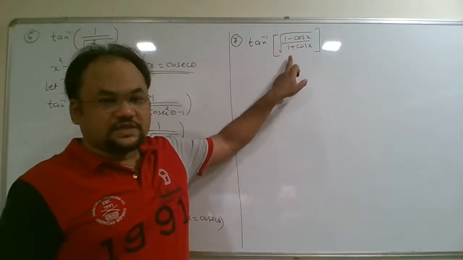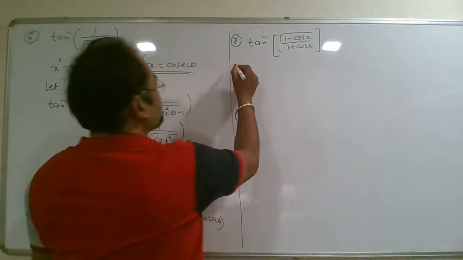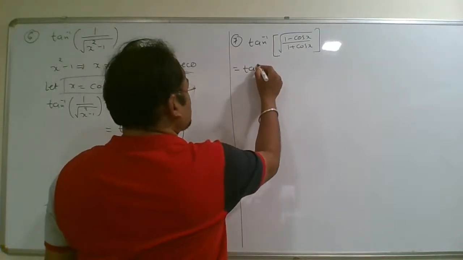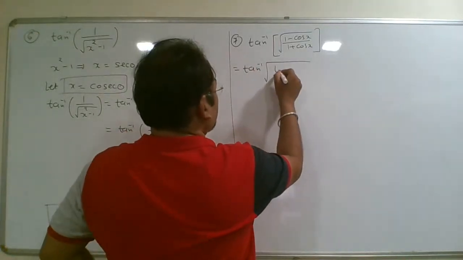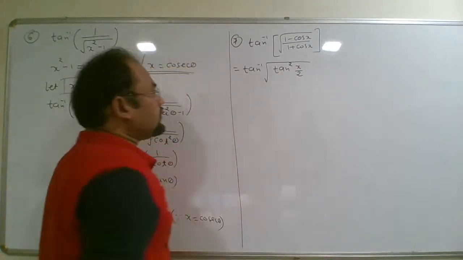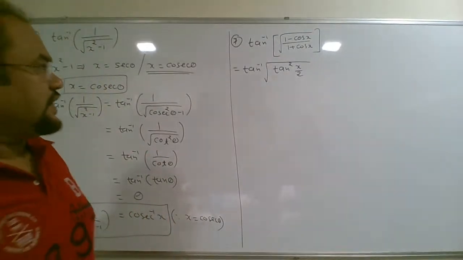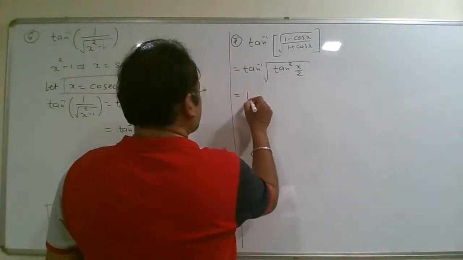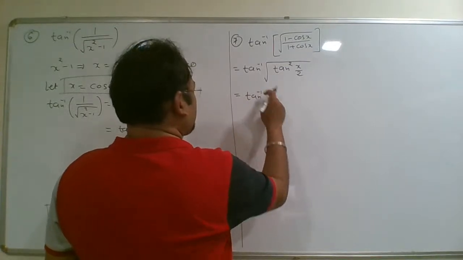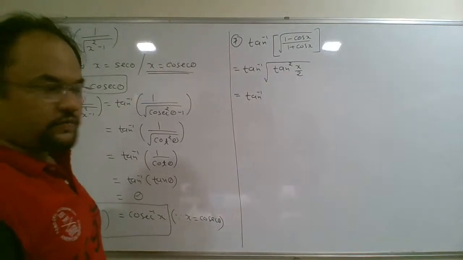So 1 minus cos x upon 1 plus cos x is the direct formula, which is equal to tan inverse under root tan square x by 2. Tan square half angle formula, it is tan square x by 2. So which is equal to tan inverse of under root tan square x by 2.